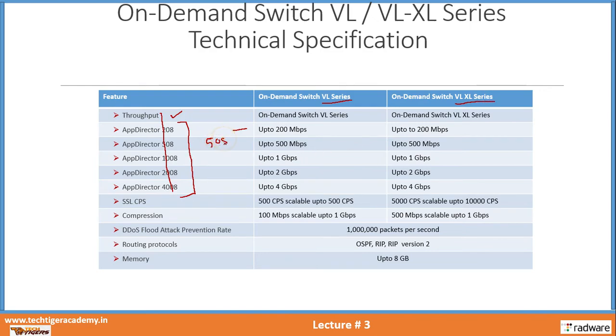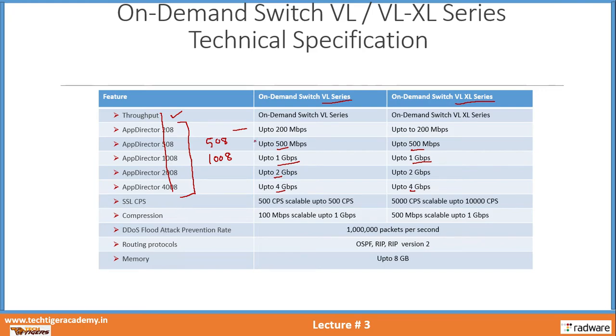The 508 provides 500 Mbps throughput, and the VL-XL also provides 500 Mbps. The 1008 provides 1 gigabit of throughput in both. The 2008 provides 2 Gbps and the 4008 provides 4 Gbps.